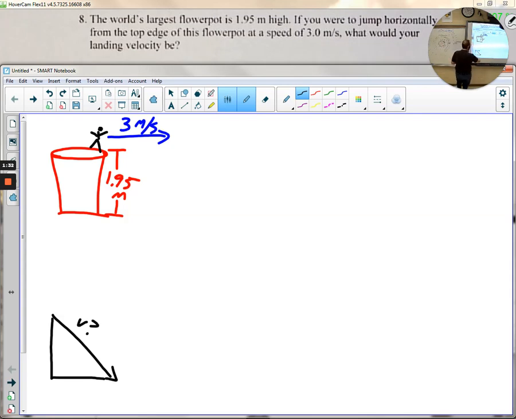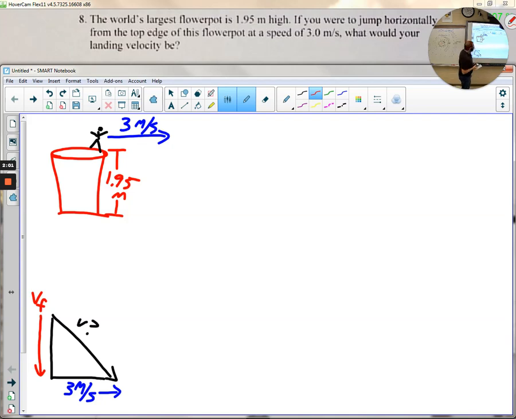I know that the x part of this v is going to be this 3 meters per second going that way. I don't yet know my final velocity for y. And then I'll just do a little bit of clever Pythagorizing to figure out what final v is.